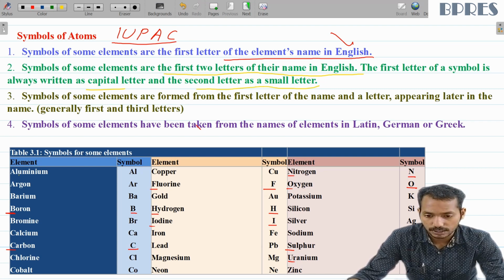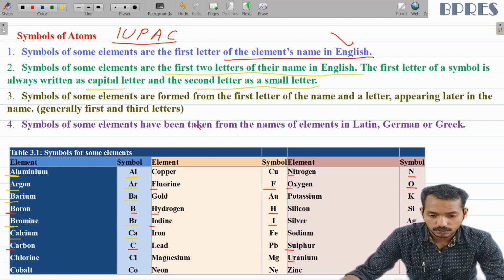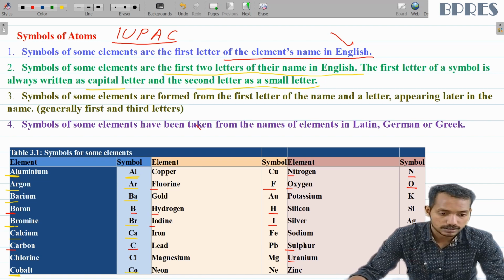So you can see here aluminium, Al, the first two letters. Argon, Ar, and barium is Ba, and bromine is Br, and in case of calcium, Ca. In case of chlorine, Cl. In case of cobalt, Co, the first two letters. In case of neon, Ne, the first two letters, and in case of silicon, Si.